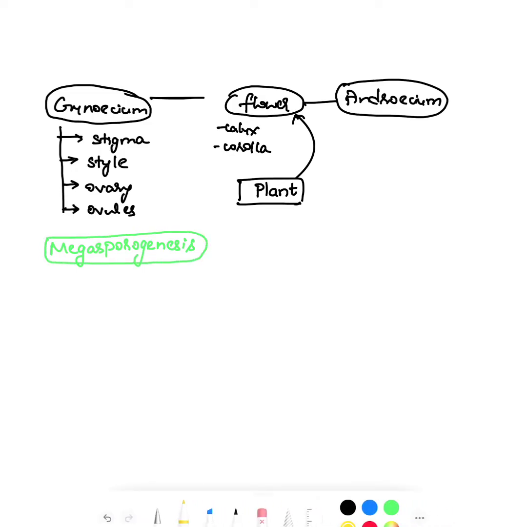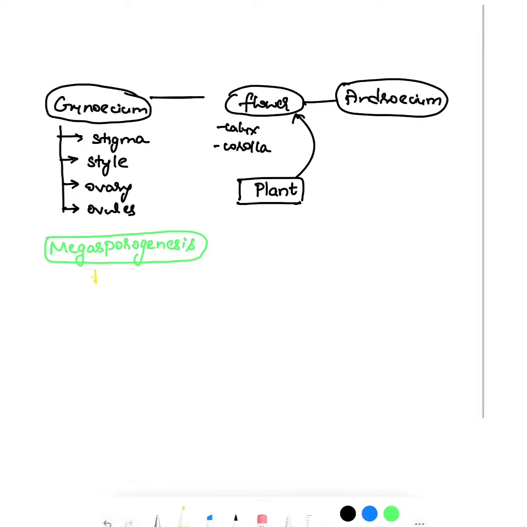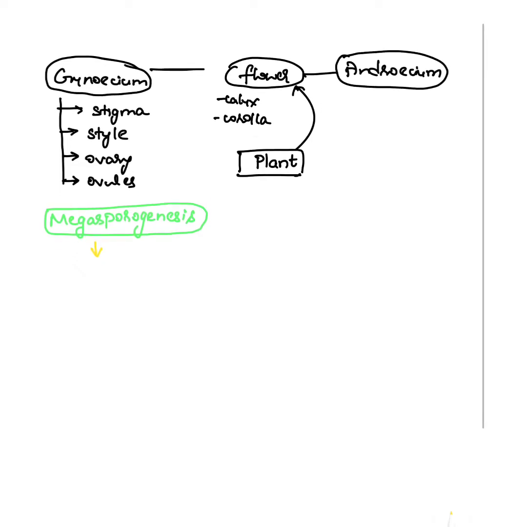So under megasporogenesis, what will be forming first? Megaspore mother cell, also called MMC. Then this megaspore mother cell will undergo meiosis. This is important.